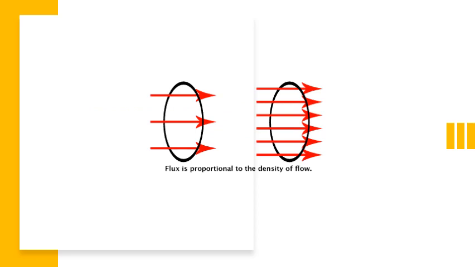As we have defined the flux, it is the number of field lines passing through a virtual surface. Now it depends on several parameters.